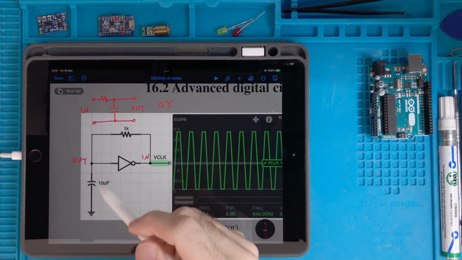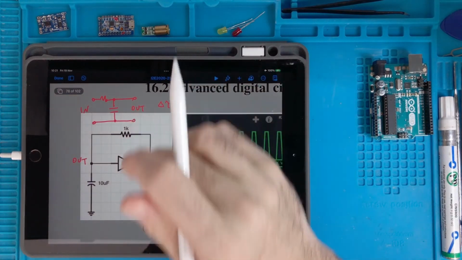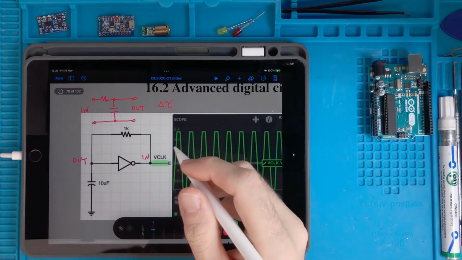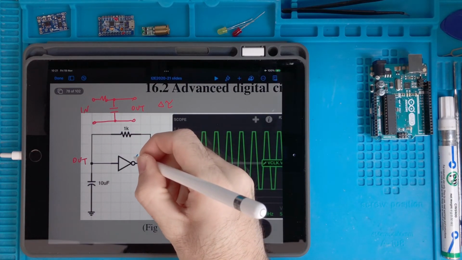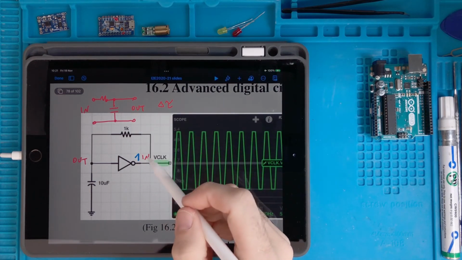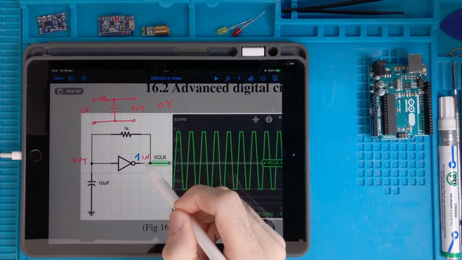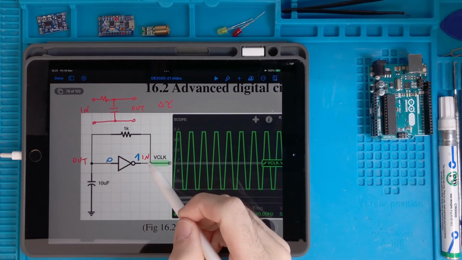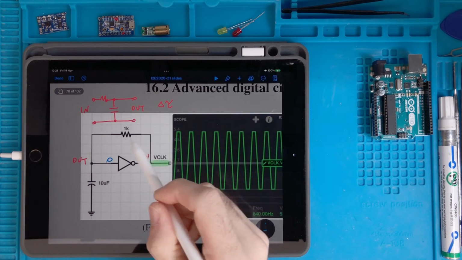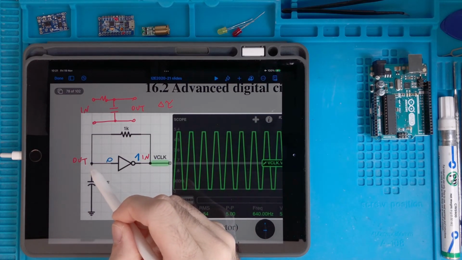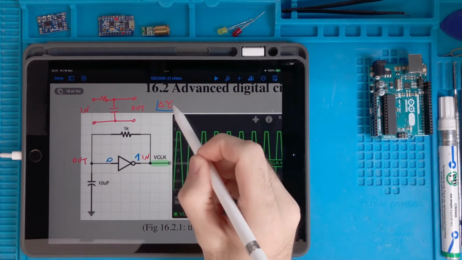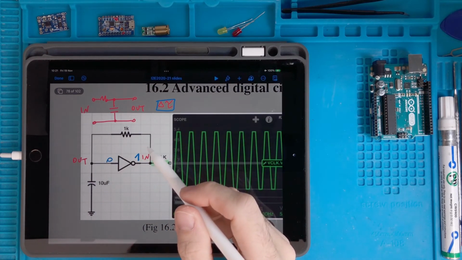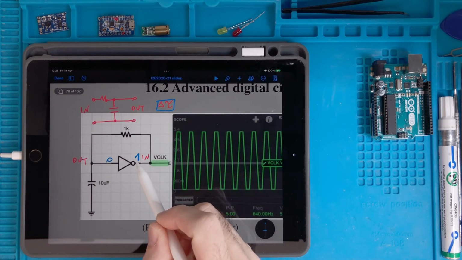So if we consider, for instance, to have a 1 at the output, this corresponds to the fact that here there is a 0. But this one, to appear as a 1 here, will take some time because of this feedback network. So for a moment, this situation will be possible.